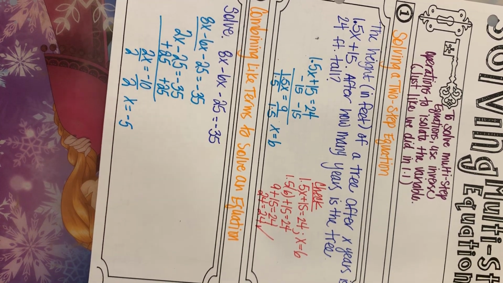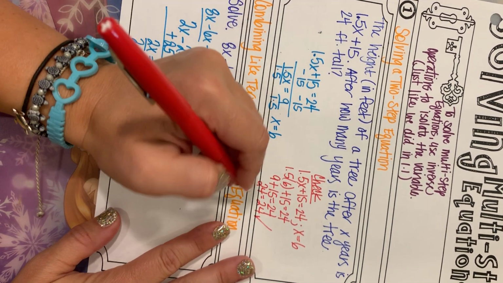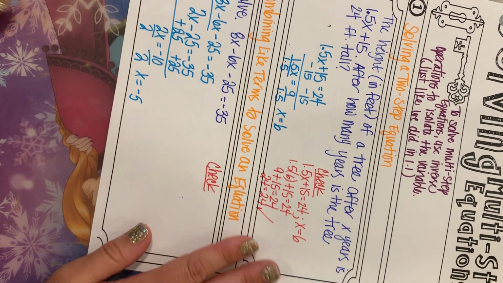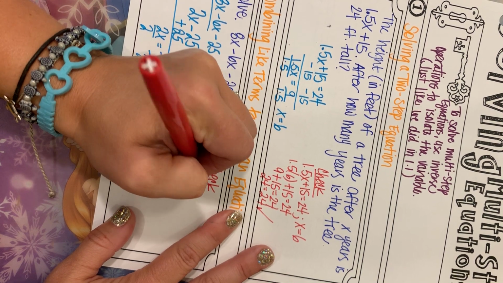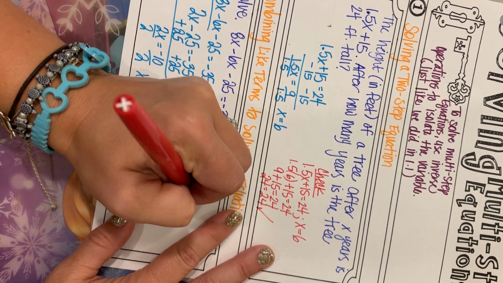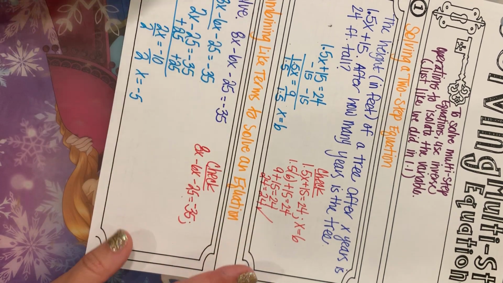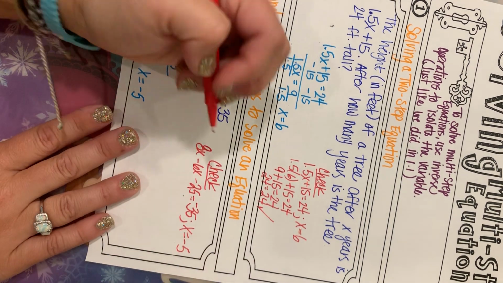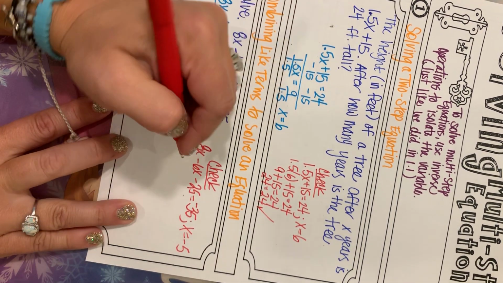From here, you know what's coming next. I'm going to check by writing my original equation. 8x minus 6x minus 25 equals negative 35, semicolon. We think x is equal to negative 5. My next step is to substitute that in for all of those x variables.